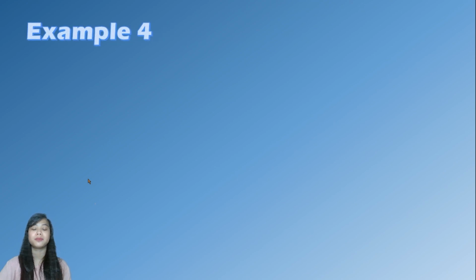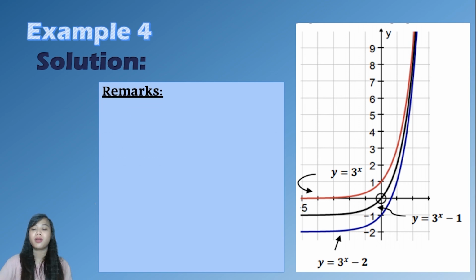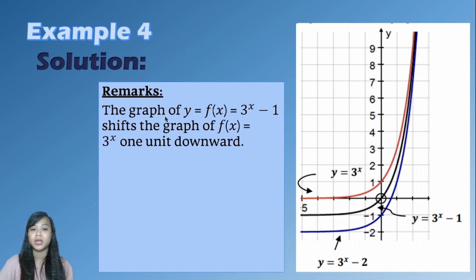So what are the remarks of our graph? For the graph of y equals f of x equals 3 raised to x minus 1, this black curve shapes the graph of f of x equals 3 raised to x. The original graph, which is the red curve, is shifted 1 unit downward.